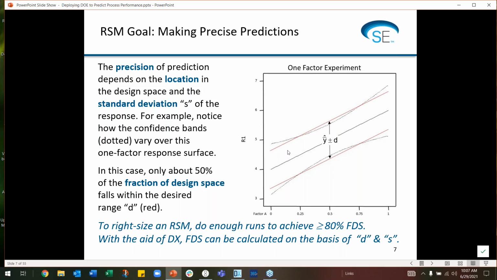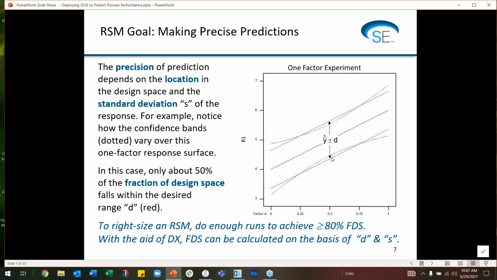In this case, only about 50% of the fraction of design space falls within our desired range, which is this plus or minus D. So D is the amount of precision that we want to estimate. We'll illustrate that over the next couple of slides.